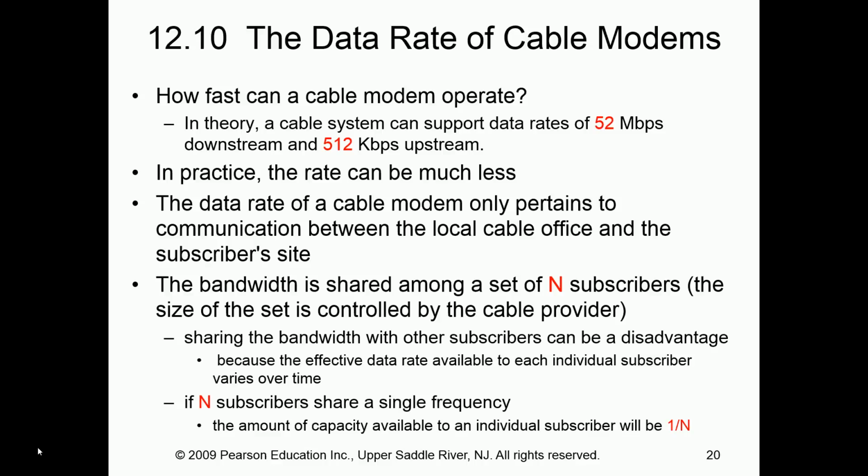So our current cable modem standard, DOCSIS, is our version 3 standard. Our version 3 standard allows us to go to 150 megabits per second. This one says 52 megabits per second. This is probably using a different DOCSIS standard.